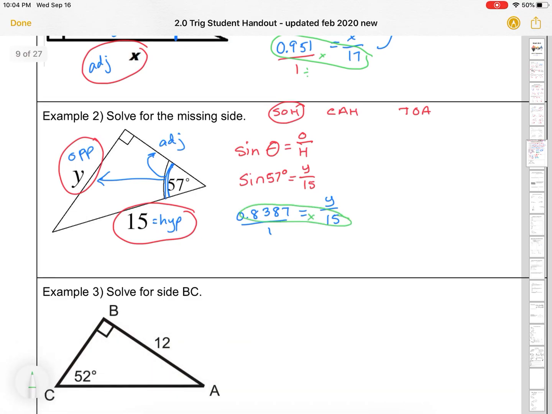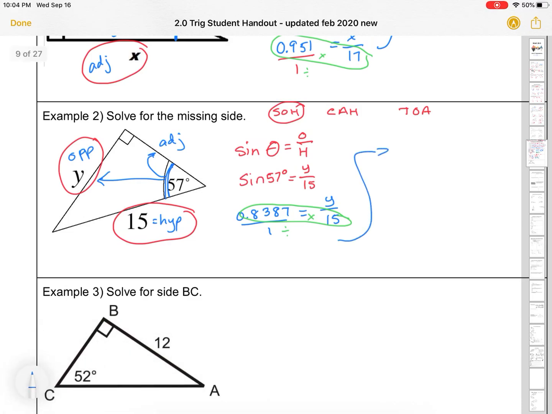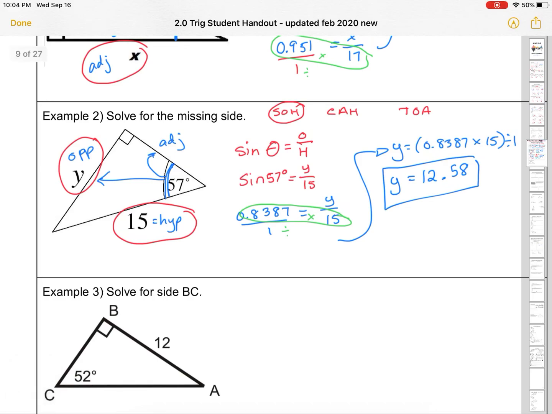Remember, we can write this over 1. And then we're just going to cross multiply and divide. So y will equal 0.8387 times 15 divided by 1. So y equals, we'll do that with our calculator, 12.58, and then I got a couple of zeros. So we can leave it at that. Okay?